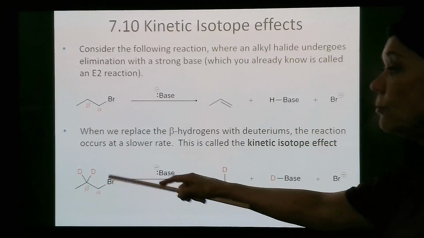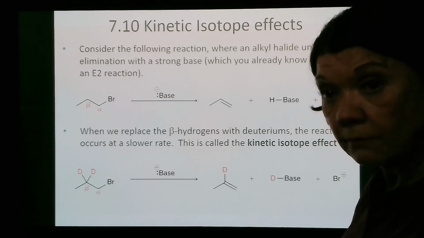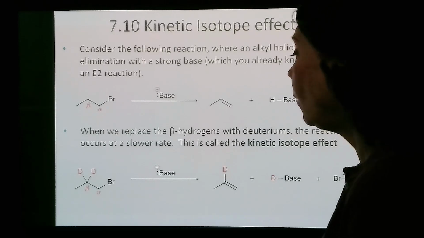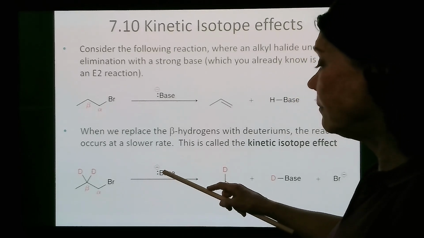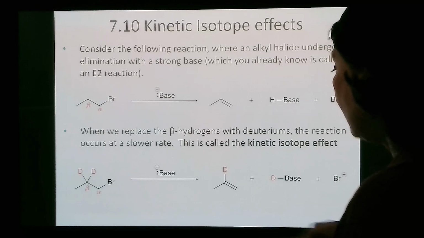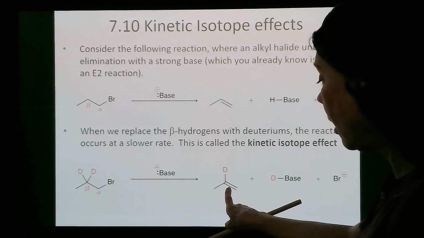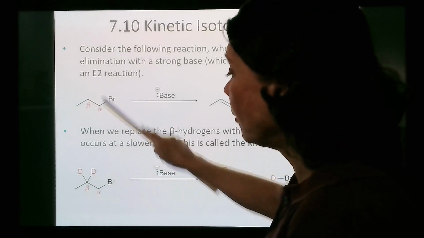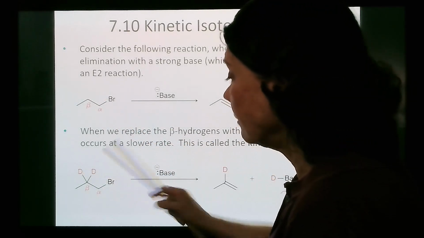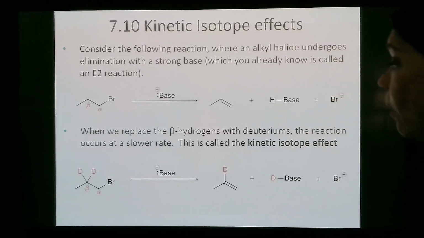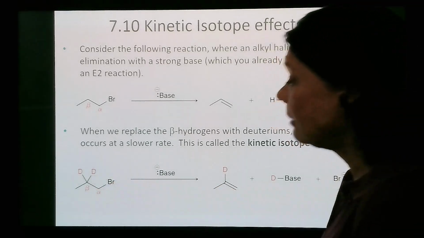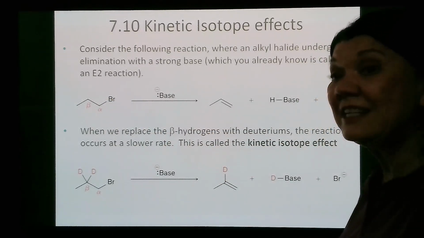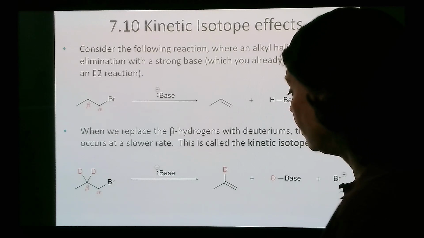Now, the carbon-deuterium bond is stronger and harder to break. And so, whenever we run this reaction, this is going to be the product here, where the base comes in, and instead of abstracting a proton, it abstracts a deuteron. Okay? And so, remember, this CD bond is stronger than the CH bond, and so it's going to be more difficult to abstract that proton.